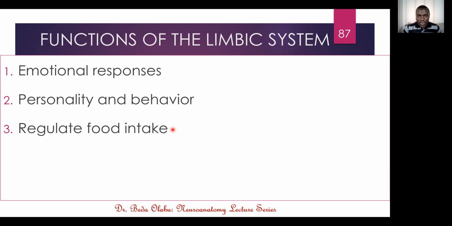So it can tell you you need to add something on your plate. It can tell you now there's no appetite. Limbic system also is important in regulating your sexual responses. It can tell you now, you need to get something. It can tell you now, you're not interested. The sexual stimuli can come from the limbic system.